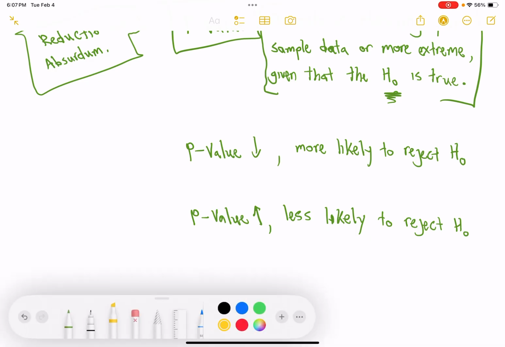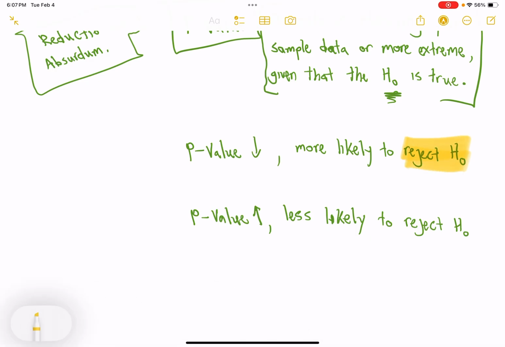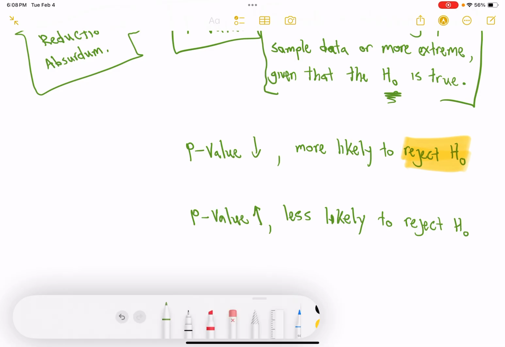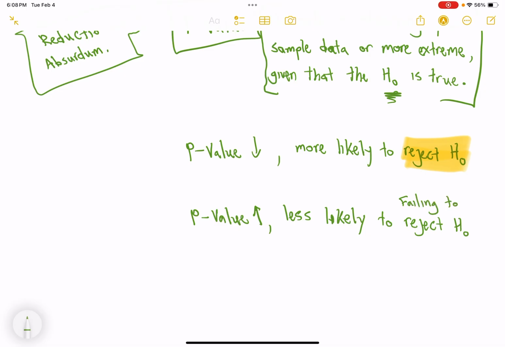And at the end of any significance test, we are doing one or the other. We are either rejecting the null hypothesis, which we feel good about, that's why that's in yellow, or we are, and let me write it out, failing to reject the null hypothesis. Those are our two options. We either reject the null hypothesis or we fail to reject.